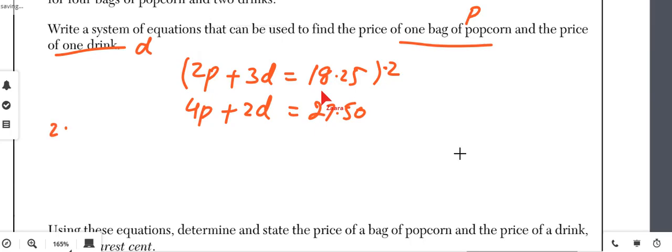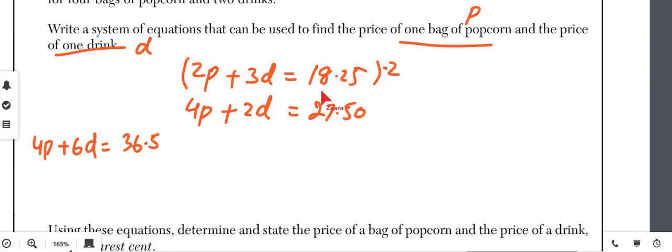So it will become negative 4p, minus 6d, equals 18.25 times 2. Can you please calculate it quickly? It is 36.50, I think.